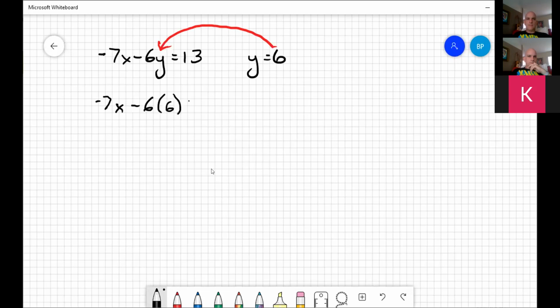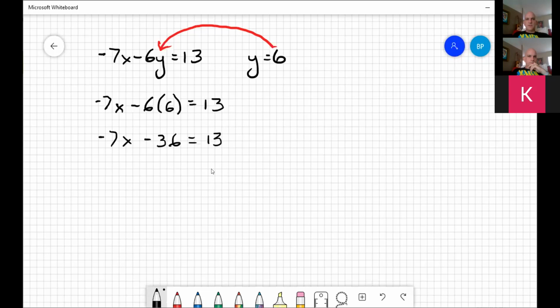This is the equation that you would have. First simplify this, do that multiplication problem. So you would get negative 7x, and then this becomes 36, so minus 36 equals 13.